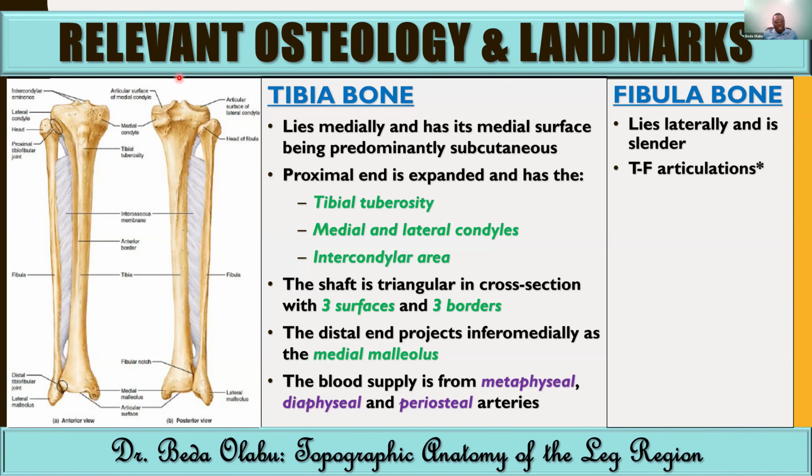Remember that the popliteal artery comes like this and bifurcates into two as it terminates: the posterior tibial artery that goes down and the anterior tibial artery that goes through that gap to run in the anterior aspect of the interosseous membrane. So this gap is for the passage of the anterior tibial vessels.